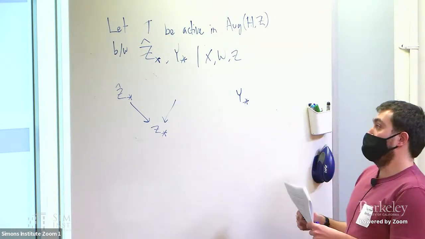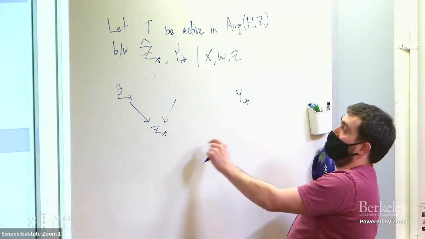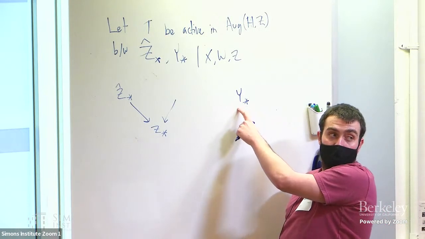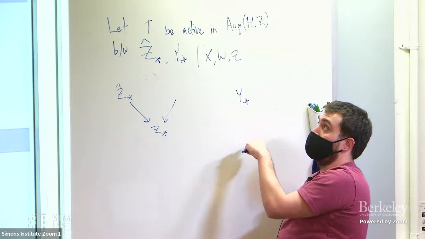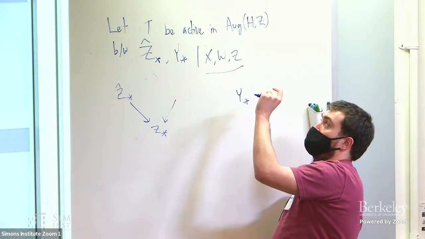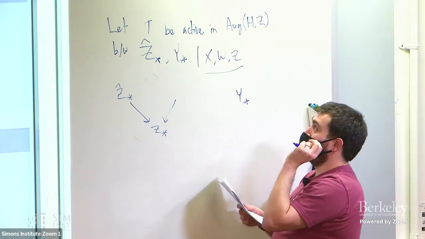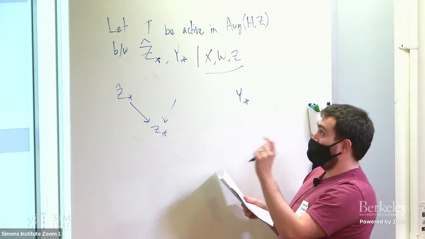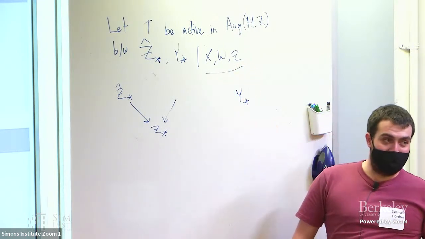So now I want to consider the collider on this trail nearest to Y star that has a directed path to a descendant in Z that doesn't pass through an X or W vertex.